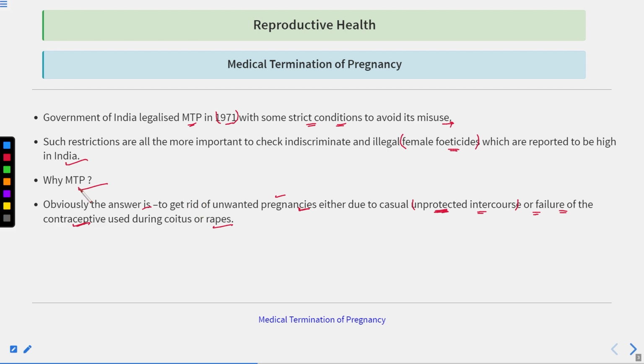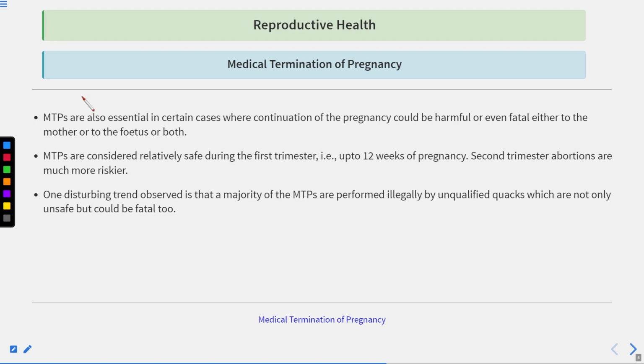Then also the couple can go for the MTP. Now, in case of sexual abuse such as rapes, again, to get rid of the unwanted pregnancies, MTP can be allowed. Clear?